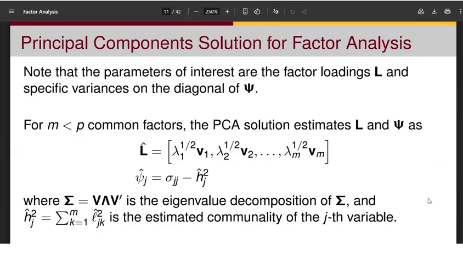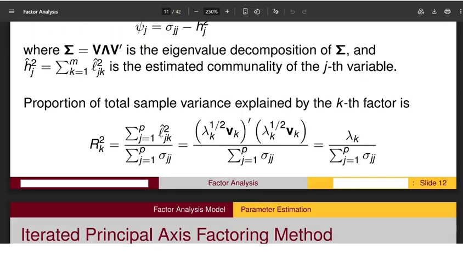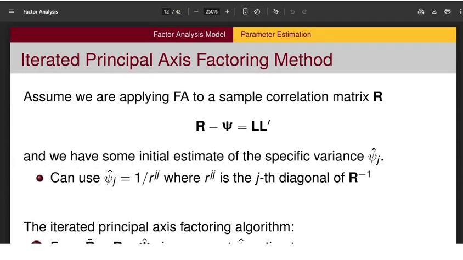Now, can we have a way to improve on that? The way to improve on that, we are still using a mathematical approach. So the second approach is what we call the iterated principal axis factoring method. Now you know what this approach is going to do.